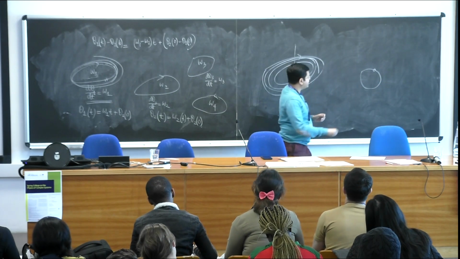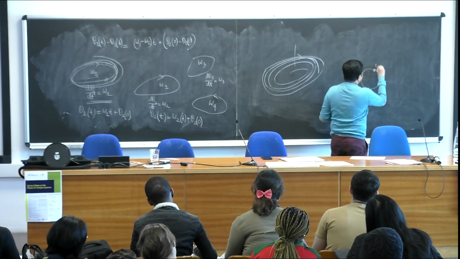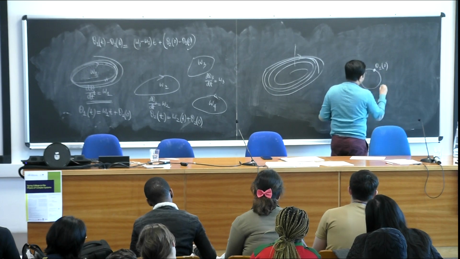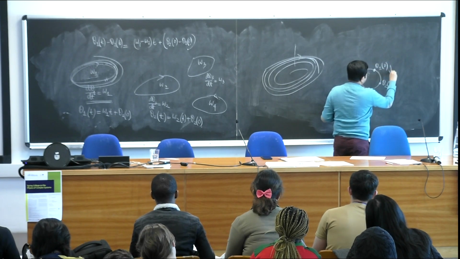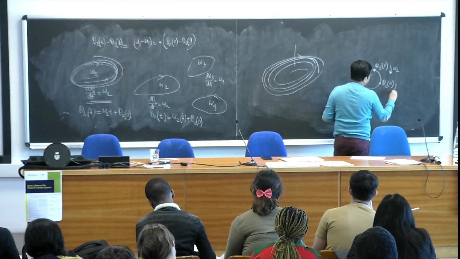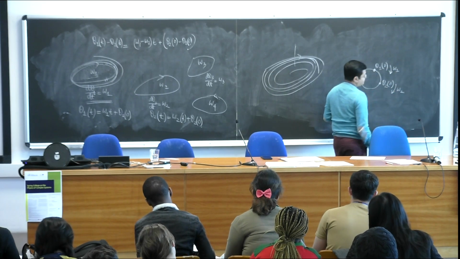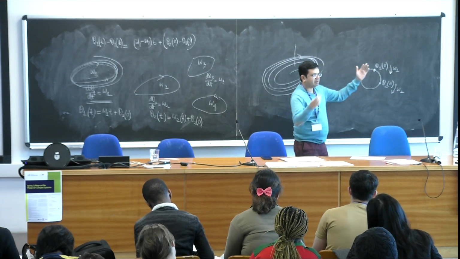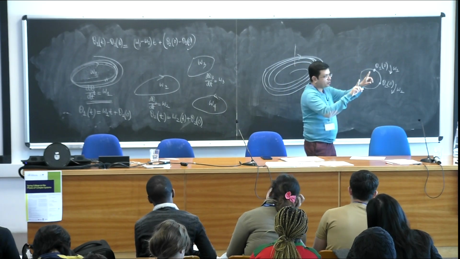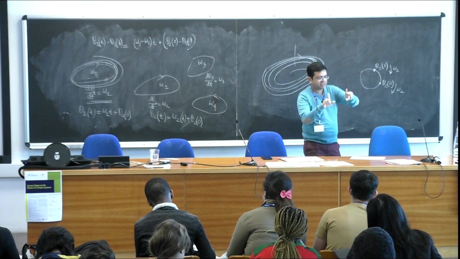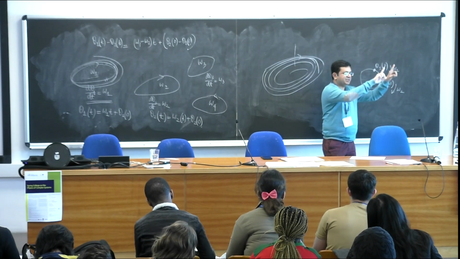Let's say this one is my theta 1 0 and this one will be theta 2 0, and this one will go around with frequency omega 1 and this one with frequency omega 2. So they will cross each other and so on. There is no way in which the two points will move in such a way that there is a constant phase difference between them.